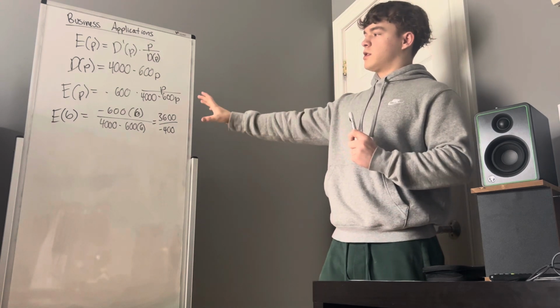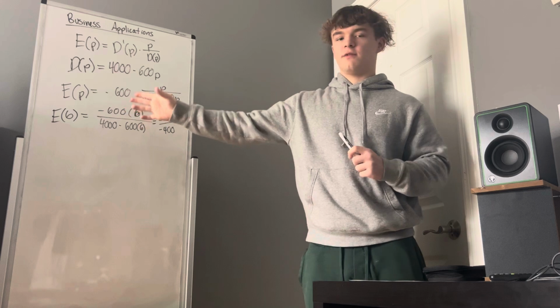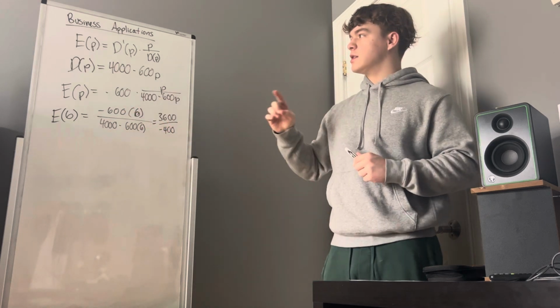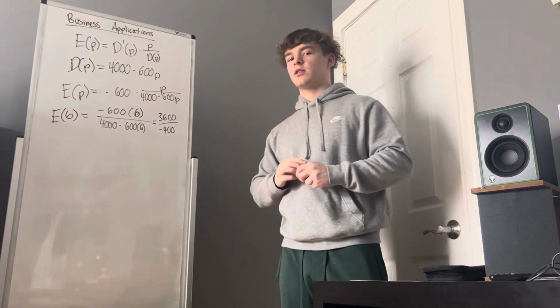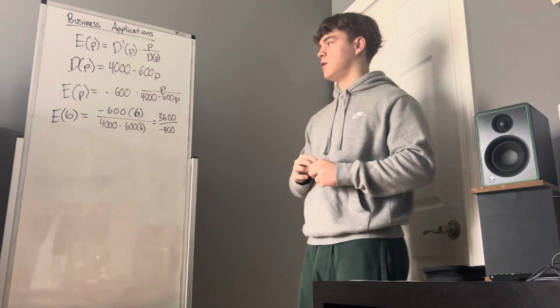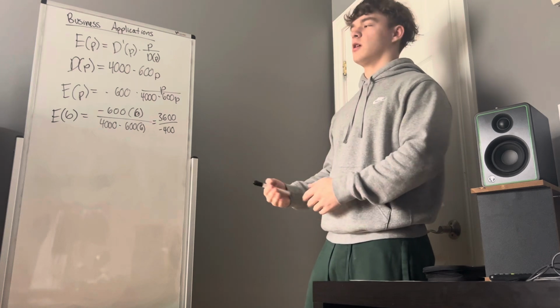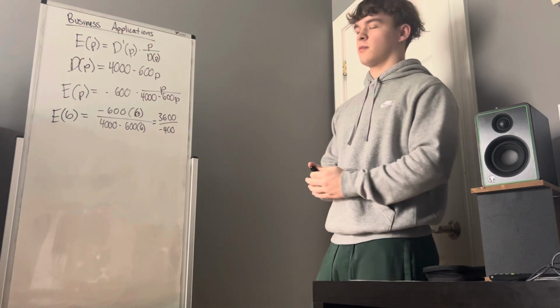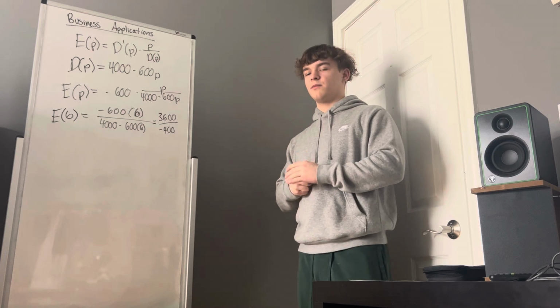So this demand function, or the demand at a price of 6, is elastic. It is dependent on price, so we shouldn't increase the price if we don't have to. And we should keep the price as low as possible while still keeping profits. Anyways, that's business applications for you.